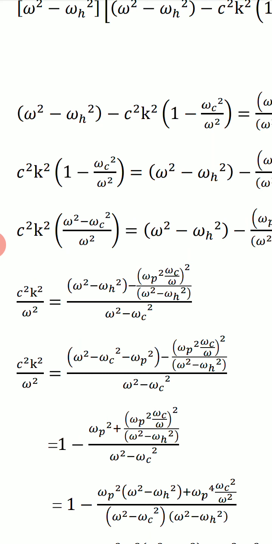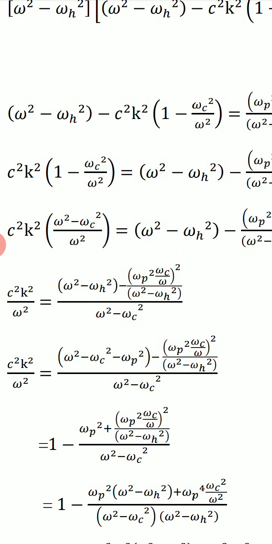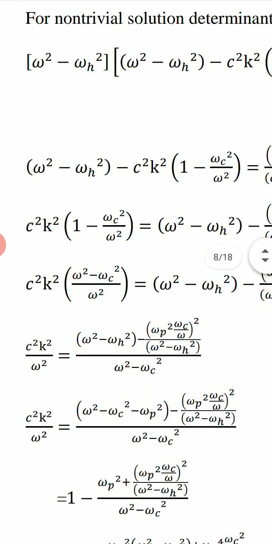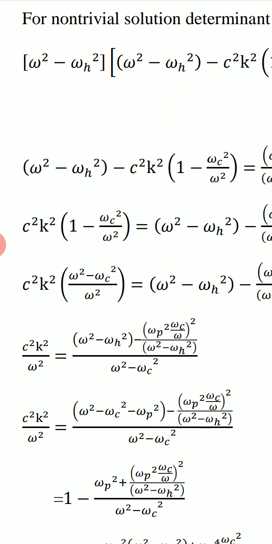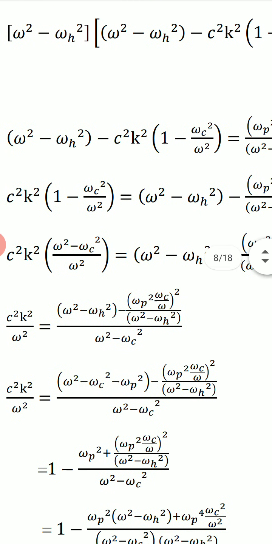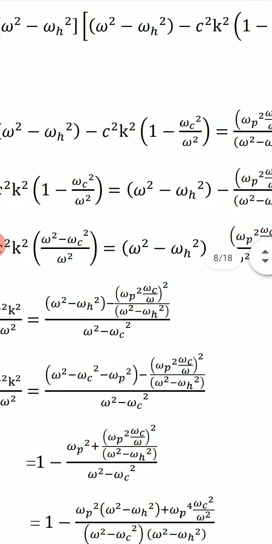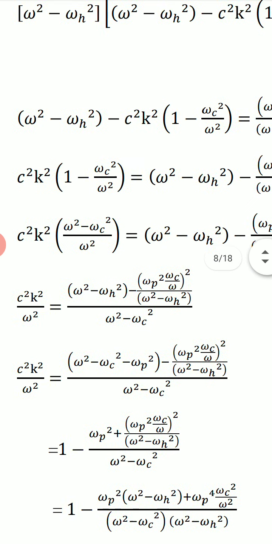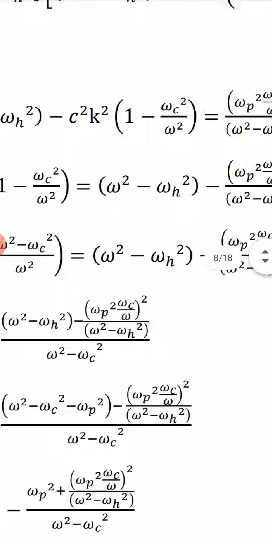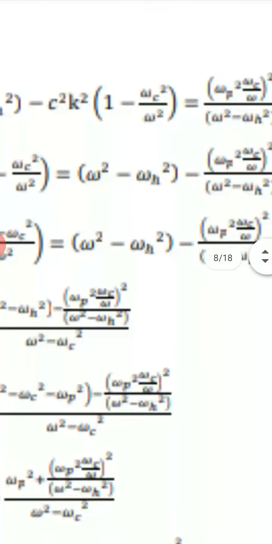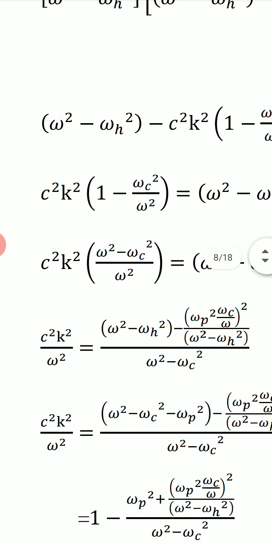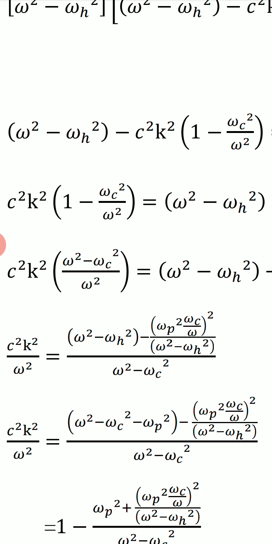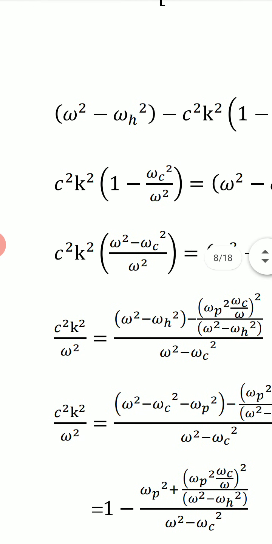Or c square k square into 1 minus omega c square upon omega square equal to. Bring this second term of the left hand side to the right hand side, so it becomes positive.